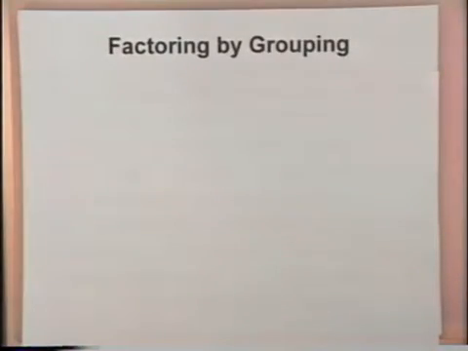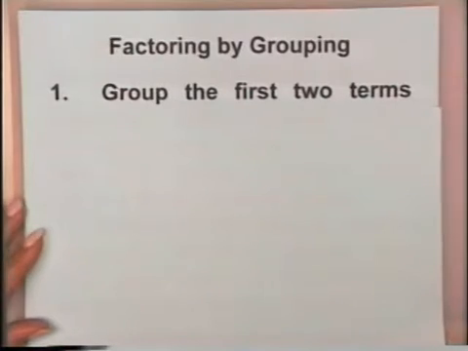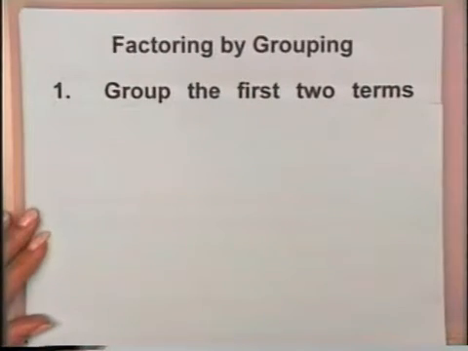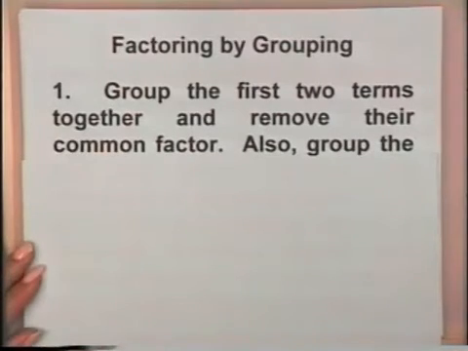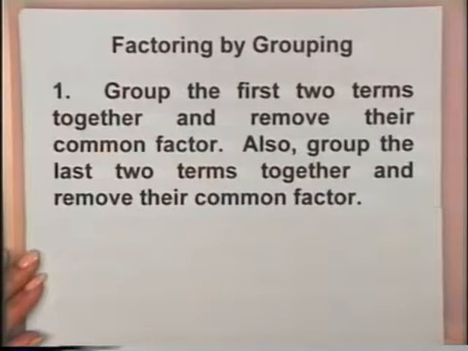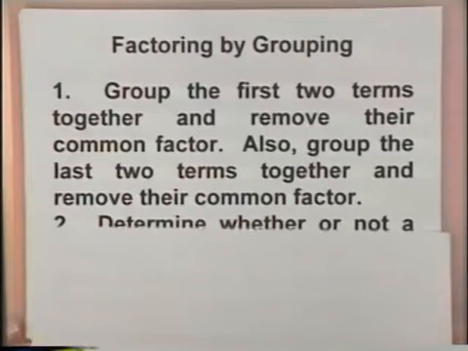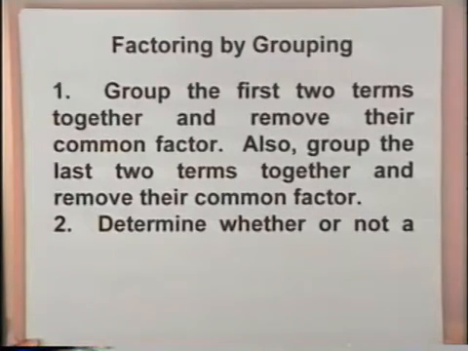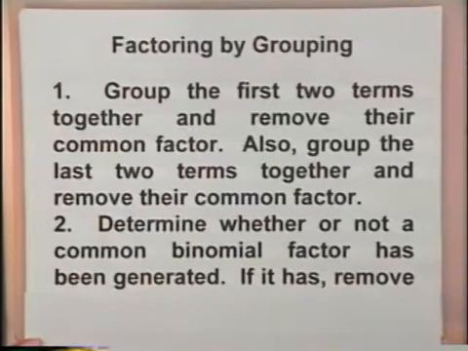Factoring by grouping. First, we group the first 2 terms together and remove their common factor. Also, group the last 2 terms together and remove their common factor. Determine whether or not a common binomial factor has been generated.